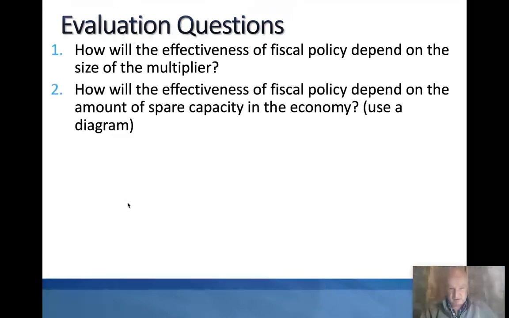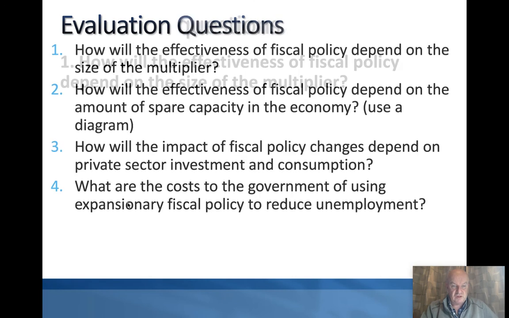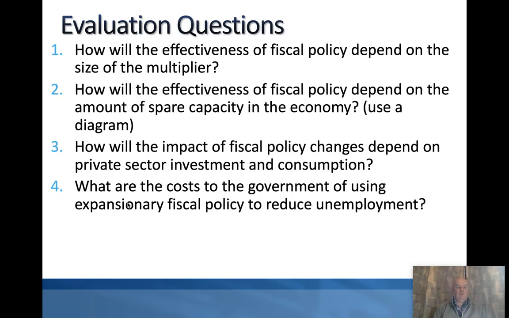I'd like you to stop the presentation once we've gone through each one, and then have a go at answering them. How will the effectiveness of fiscal policy depend on the size of the multiplier, as the first question? How will the effectiveness of fiscal policy depend on the amount of spare capacity in the economy? And you could use a diagram to demonstrate that. How will the impact of fiscal policy changes depend upon private sector investment and consumption? And finally, what are the costs to the government of using expansionary fiscal policy to reduce unemployment?